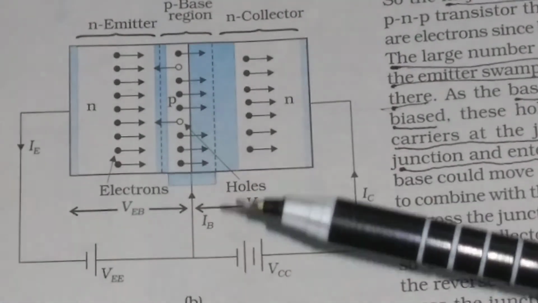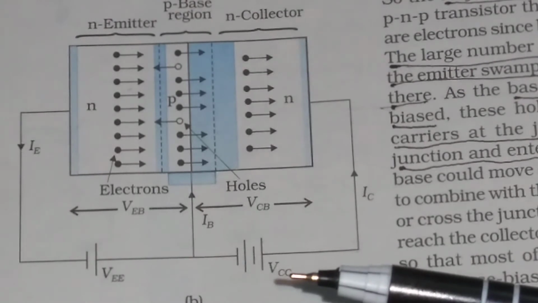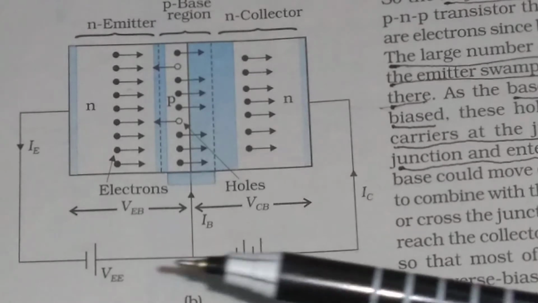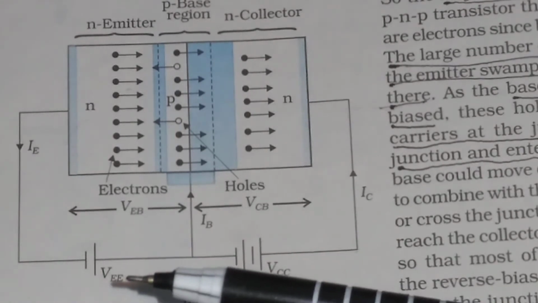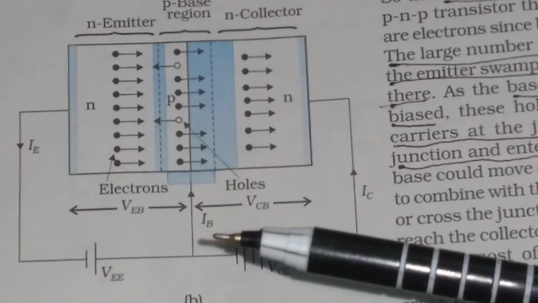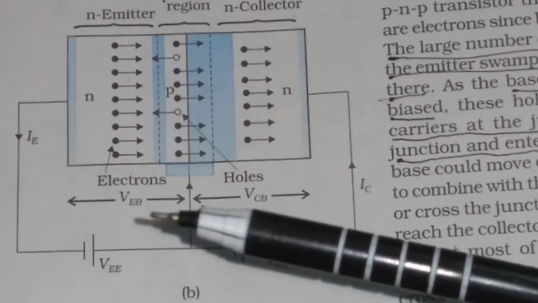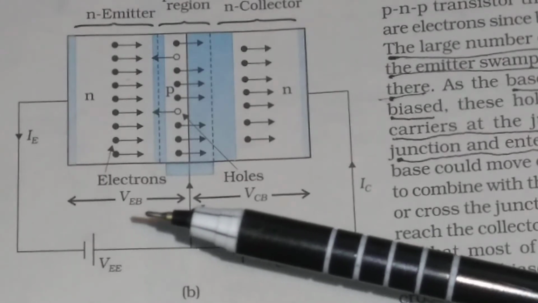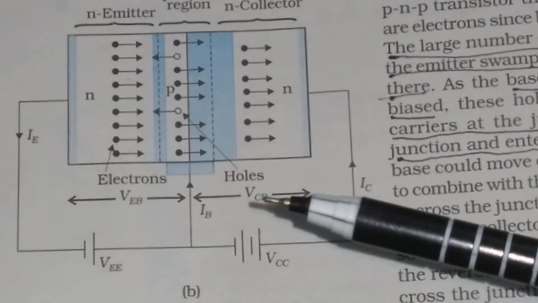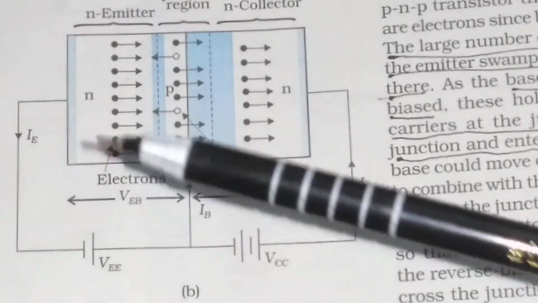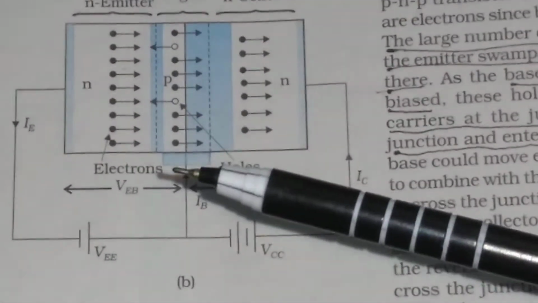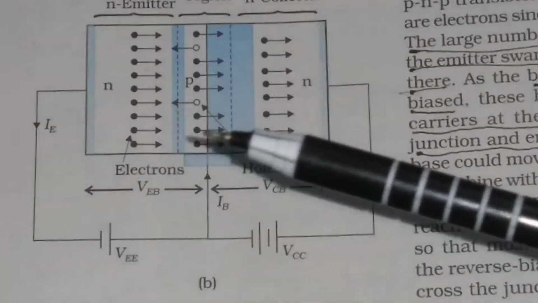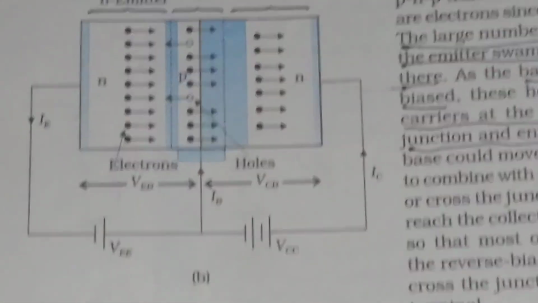And you see here VCC is the output biasing voltage, and VEE is the input biasing voltage. You also see IB, the base current, VEB, the emitter base voltage, VCB, the collector base voltage, IC, the collector current, and IE, the emitter current. And this is a common base connection. Here the base is common to the emitter as well as the collector.